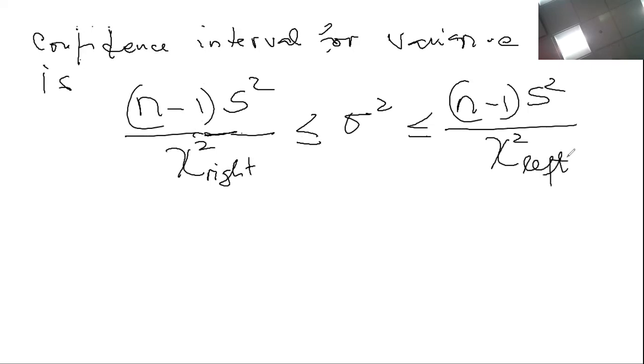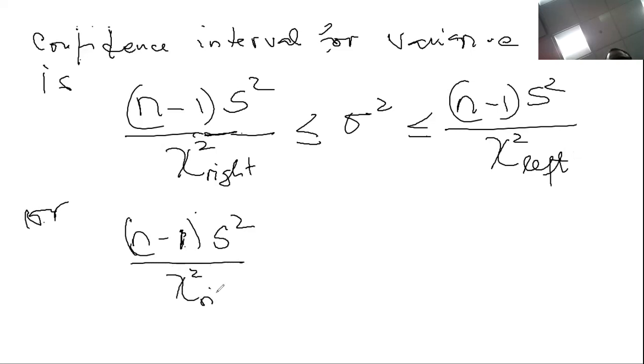And for standard deviation, you take the square root. Or n minus 1 s square over chi-square right, sigma for standard deviation.